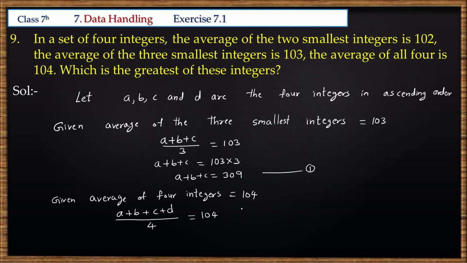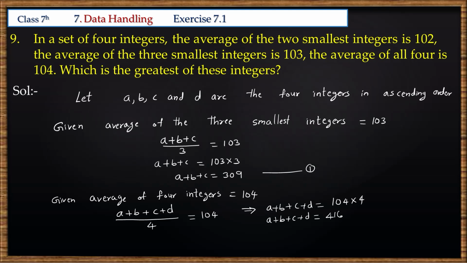That implies a plus b plus c plus d is equal to, this 4 will multiply at the right side, 104 into 4. So a plus b plus c plus d is equal to 416. 4 4s are 16, 4 1s are 4.